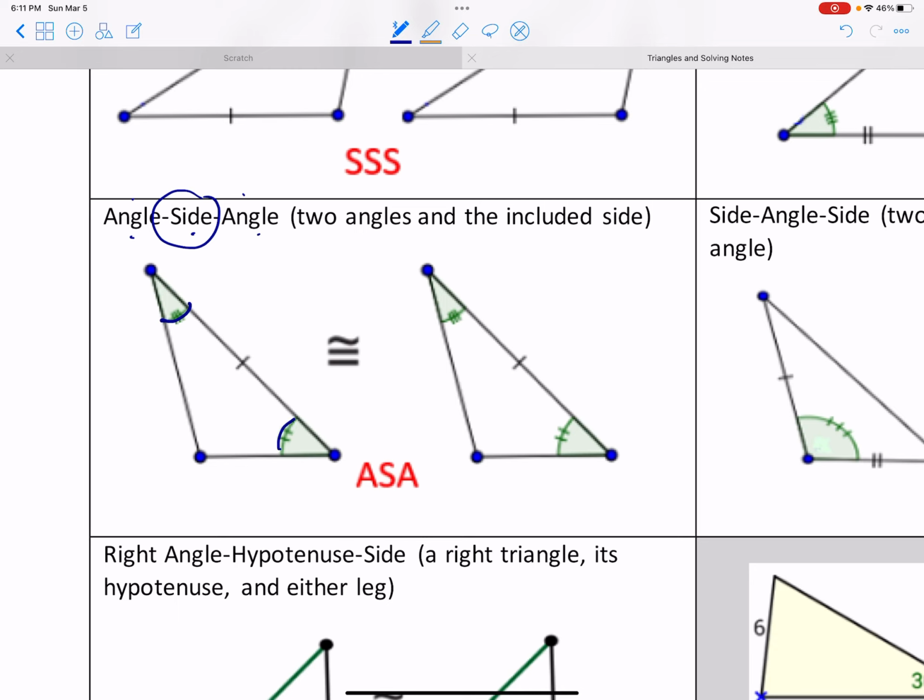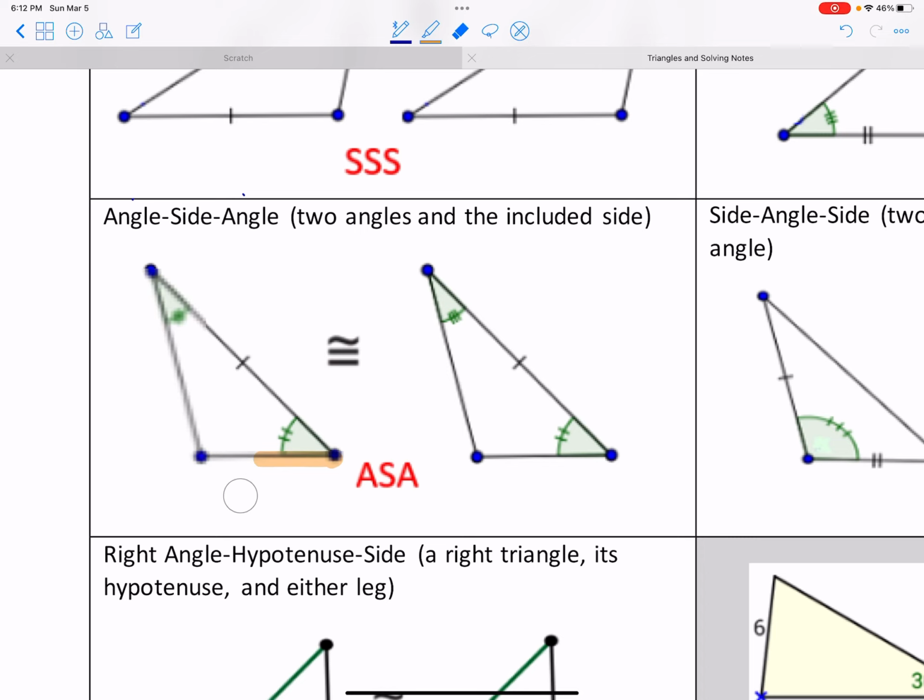Here's an angle, and here's the side that's right in between those. If I have those 3 components that are the same in two triangles, those two triangles have to be the same. So just knowing those 3 components would guarantee that this side length has to be what it is. It would guarantee that this side length has to be what it is, and it would guarantee that this angle has to be what it is.